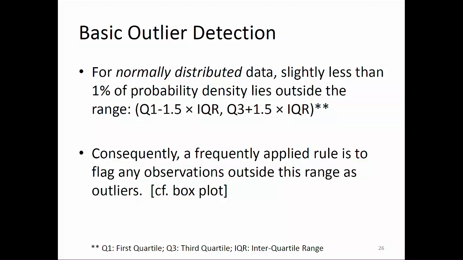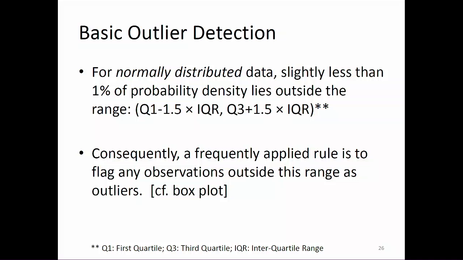The difference between the first and third quartile. So about 1% of probability will lie outside this range. Okay, first quartile minus 1.5 interquartile range, and third quartile plus 1.5 interquartile range. These are usually the defaults set in particular in R in your packages.